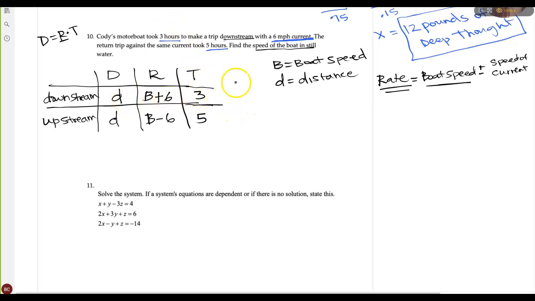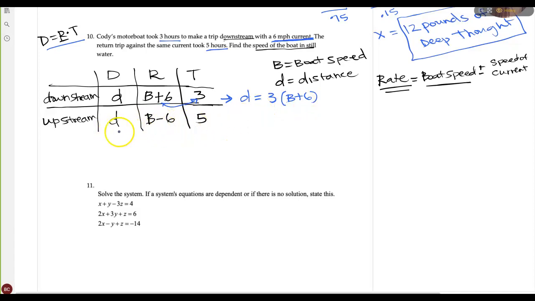So this top one, remember, it's distance equals rate times time. So D equals, and then I need to multiply these together. I'm going to write it this way, 3 times B plus 6, because it just looks weird to me to have that 3 on the other side. I'm going to end up having to distribute there.